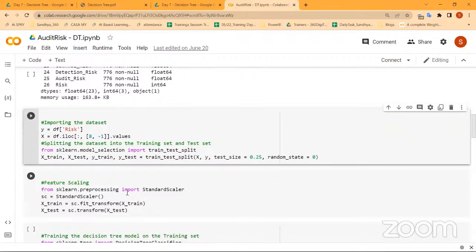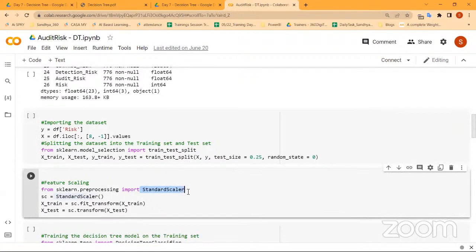For that, I'm using a simple StandardScaler. I'm defining sc equals StandardScaler, and train data equals sc.fit_transform, passing in the train data, and then I'm calling the test data. We split it in the previous cell using sklearn model_selection.